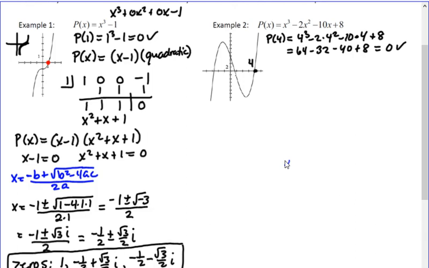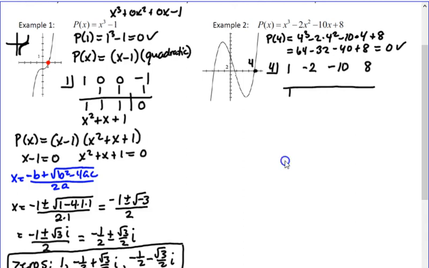However, a faster, probably easier way mentally to do this would be to just use synthetic division. Because if 4 is a 0, I should get a remainder of 0 when I divide. Remember that this is considered synthetic substitution as well as synthetic division, that I can also figure out what P of 4 is by just looking at the last number here where the remainder would be.